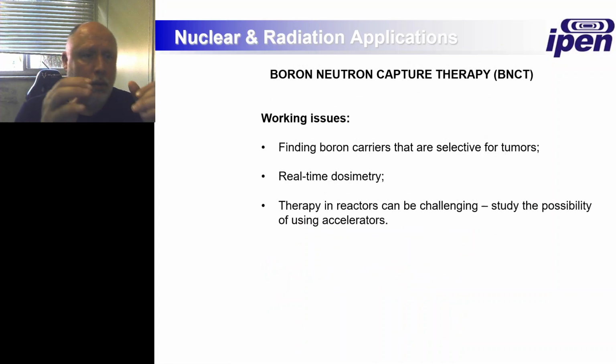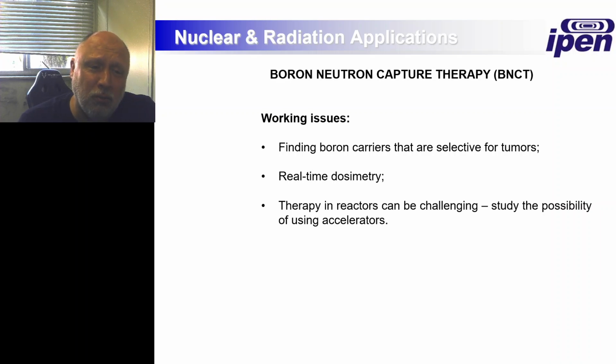Okay? Now, it was common in the 70s, lots of research, but there are issues that have always kept it from becoming really operational. First of all is finding boron carriers that are selective for tumors. Because you will destroy completely the cell that has boron, so you must have almost no boron in healthy tissue.